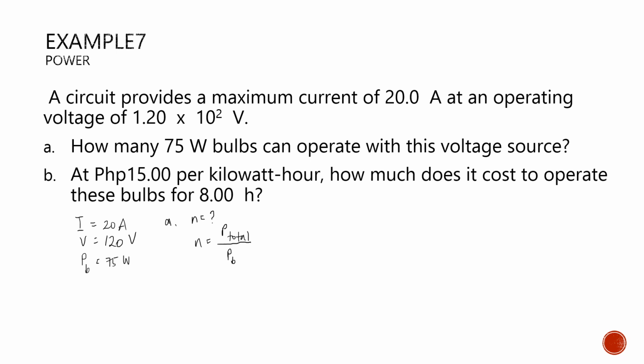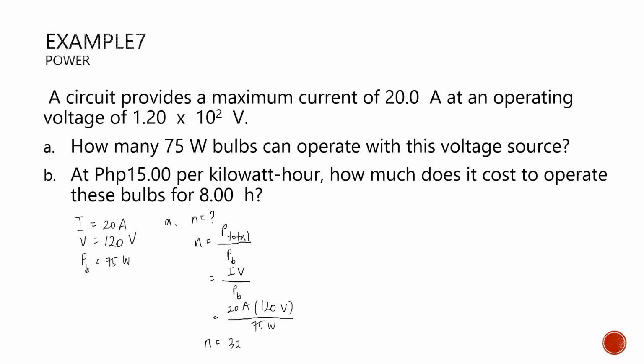So for the total power, we use the P equals I times V formula, since these are given already, and then divide it by 75 watts. So that's 20 amperes times 120 volts, so the unit is watts for the numerator, and then 75 watts for each bulb. So that would give 32 light bulbs.